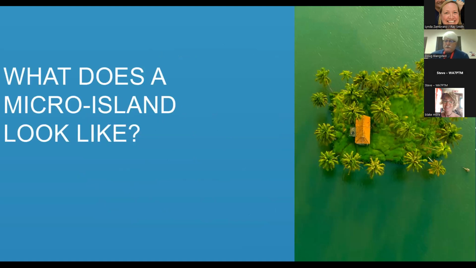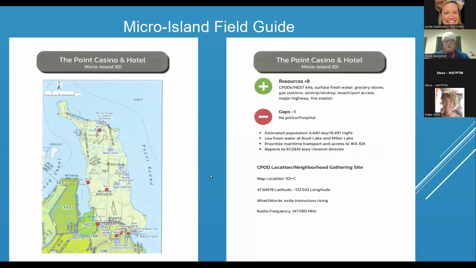So what does it look like? Well, it doesn't really look like an island surrounded by water. It's more like this. This is right out of the micro island guidebook. If you look right here on the left, that is the 101 micro island.